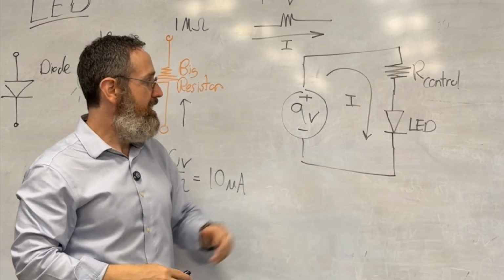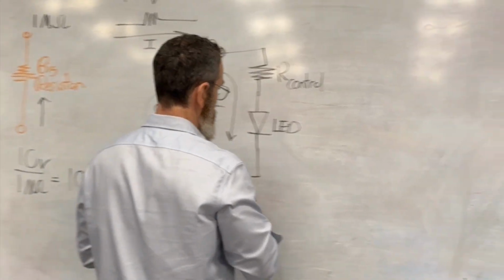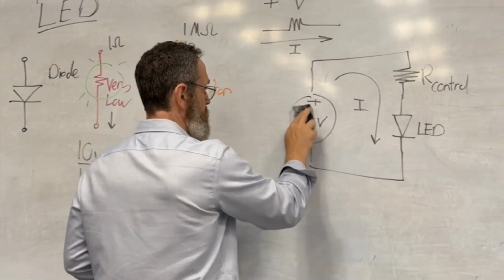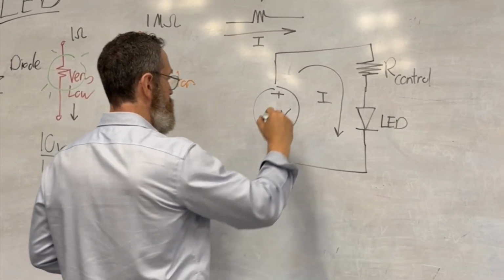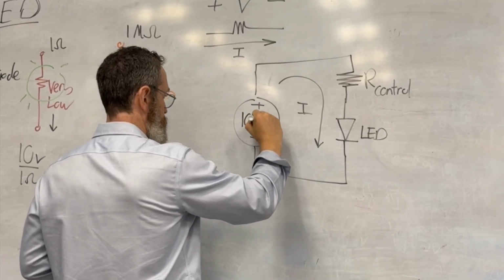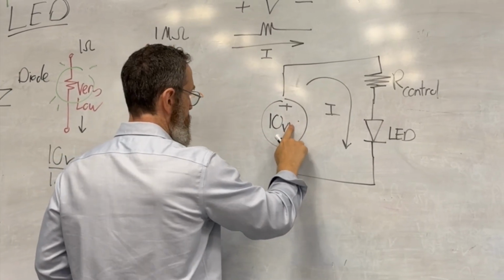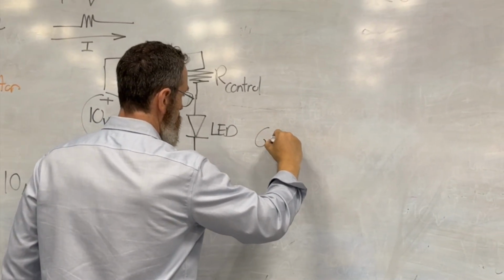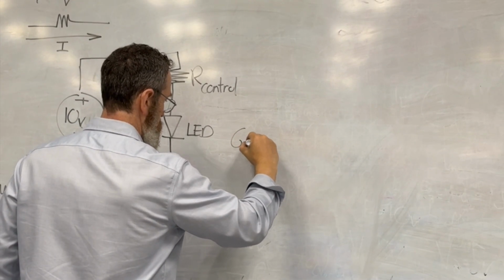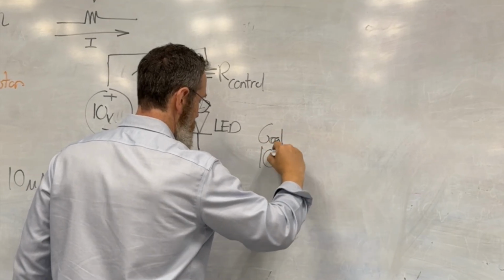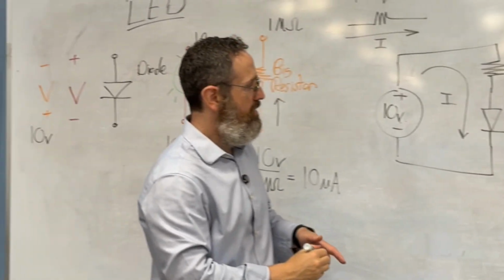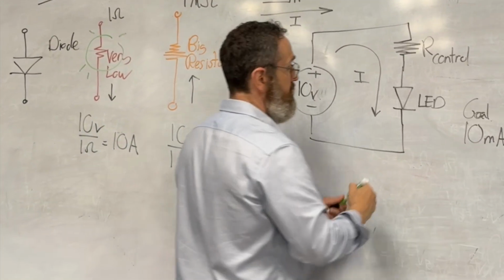And let's say I'm going to tell you that the goal, I want to keep it even simpler here. Let's go back to 10 volts. And the goal is to produce 10 milliamps, all right? 10 milliamps is enough for it to glow.